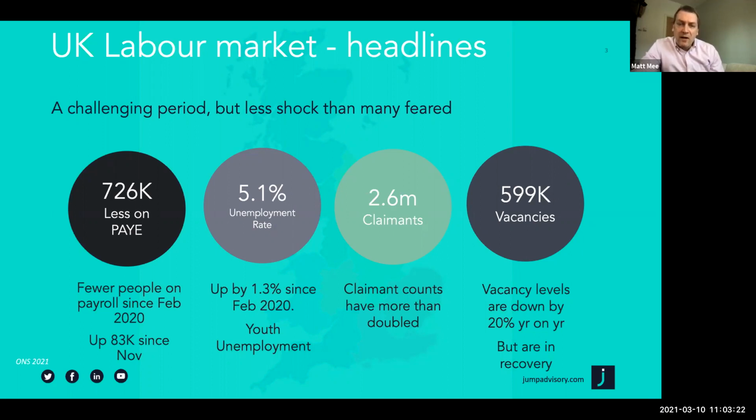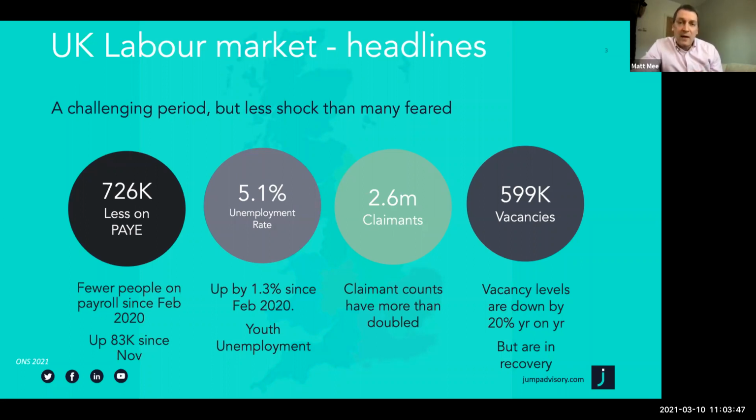But one thing to highlight there, and we're going to go into a bit more detail on this, is around youth unemployment, and that's an area of real concern. Obviously we've got the Kickstart programme that's in motion trying to address that. Claimant counts, we're at 2.6 million. Worth highlighting here, there is the transition that's ongoing to universal credit. So those numbers are slightly inflated for how they would previously have been presented.